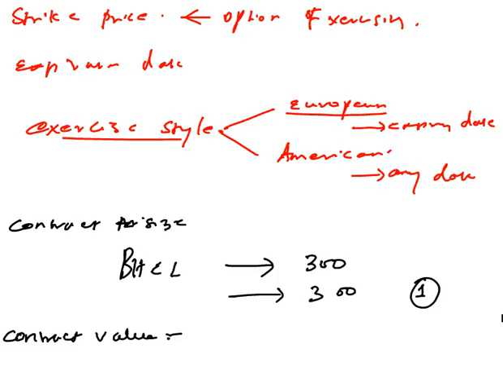For example, say if BHEL futures are trading at 2000 rupees, the contract value will be 2000 into 300, because one future represents 300 shares. So the contract value is 2000 into 300, which is around 6 lakhs.